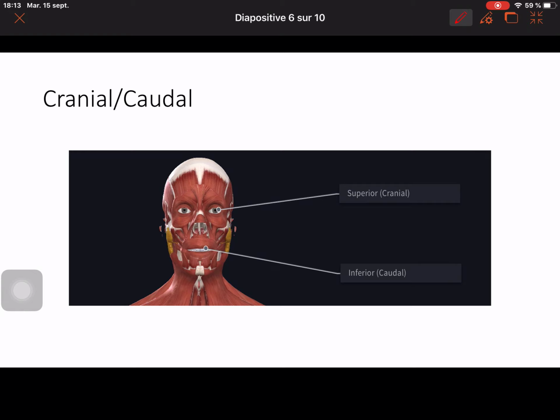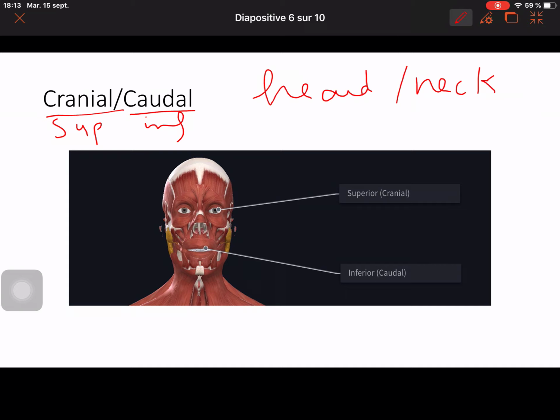Now let's move to cranial and caudal. Here I have a note that cranial and caudal are used when we study head and neck. Okay, cranial is also called superior and caudal is also called inferior. The cranial is everything closer to the head.